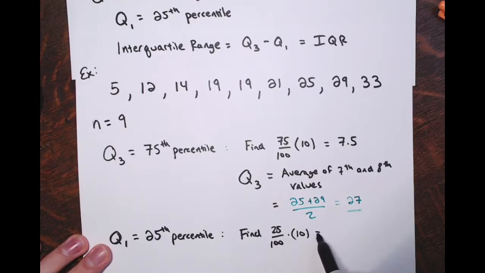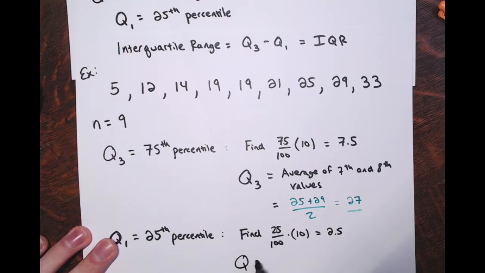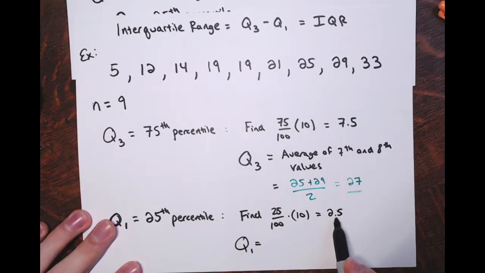So this is just 2.5, not a whole number, but that is between 2 and 3. So Q1, the first quartile here, is the average of the second and third values in this data set when it's in order.